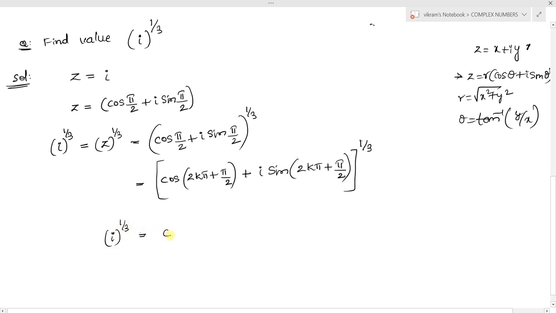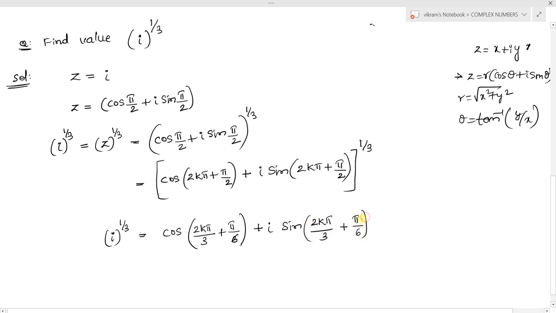Now i power 1 by 3 is equal to cos of 2k pi into 1 by 3, that is 2k pi by 3, plus pi by 2 into 1 by 3, that is pi by 6, plus i times sine of 2k pi by 3 plus pi by 6.